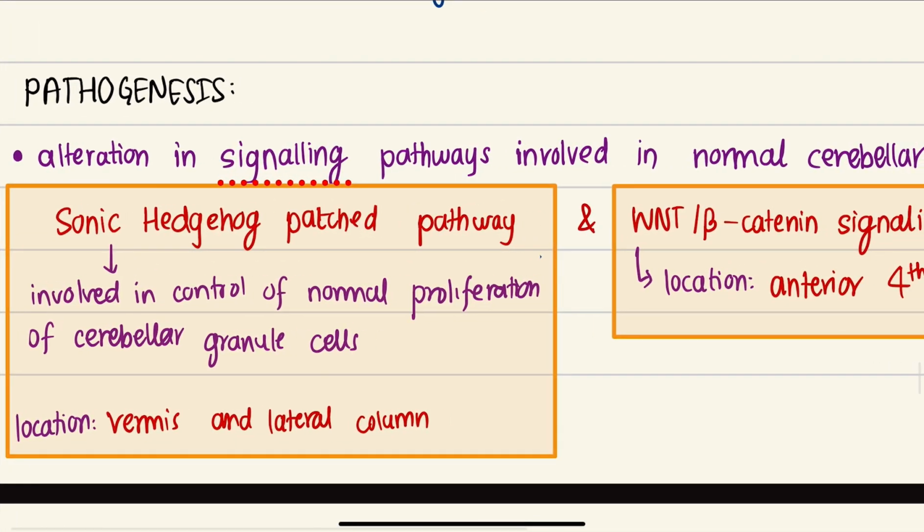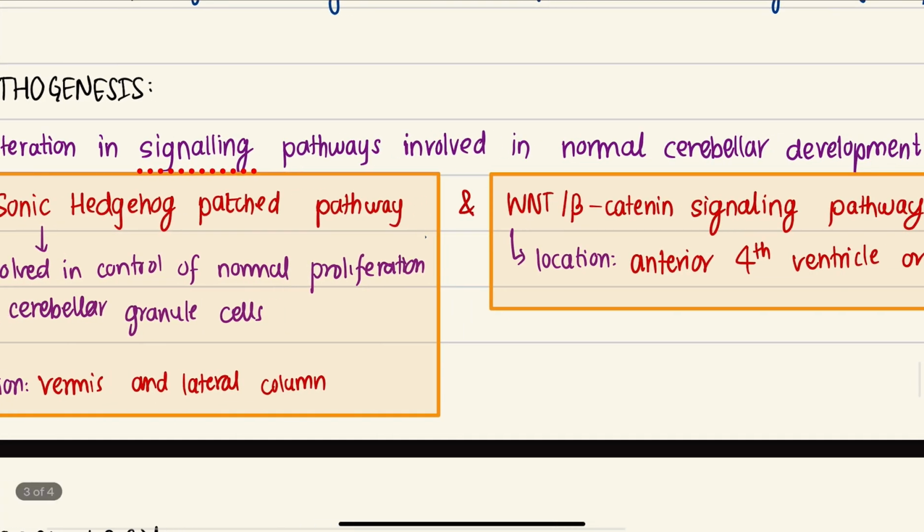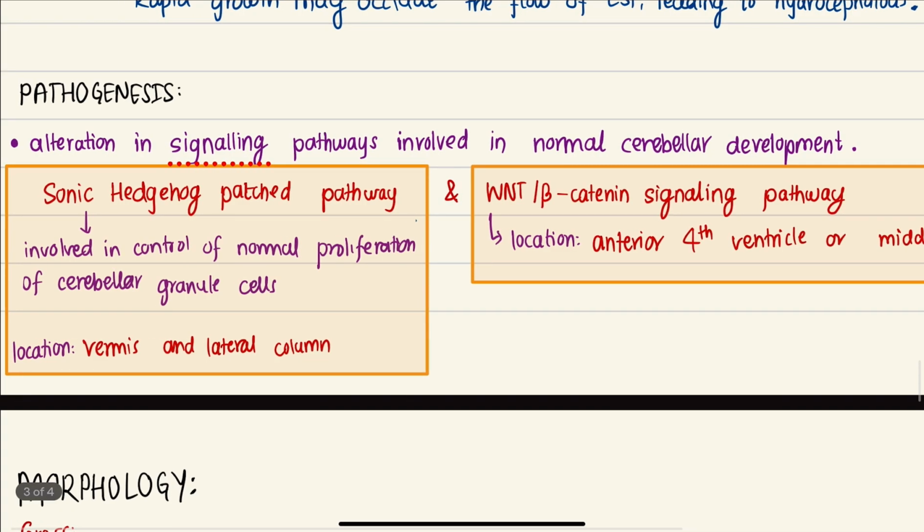Basically there are two pathways that are recognized so far. The first one is the sonic hedgehog patched pathway. The other one is the WNT beta catenin signaling pathway. These are both signaling pathways. The sonic hedgehog patched pathway is involved in the control of normal proliferation of the cerebellar granule cells.